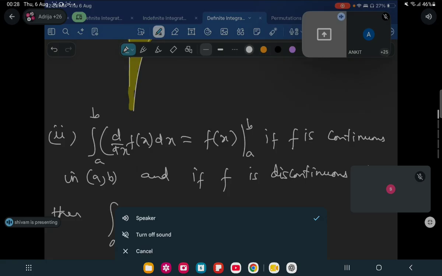The integral from a to b of f of x dx will be equal to the integral from a to c minus of f of x dx plus the integral from c plus to b of f of x dx. Tell me, are you people getting? Yes, sir.